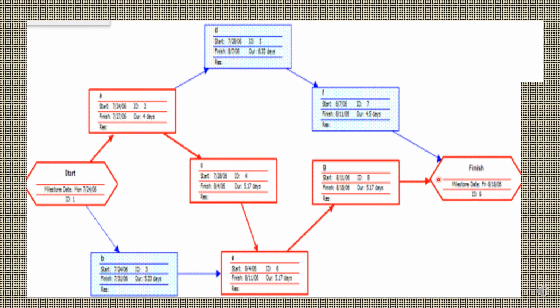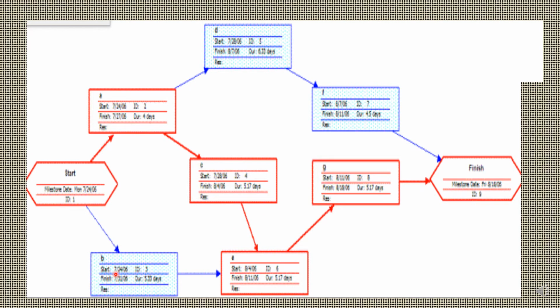You can see this diagram here. So this is the start point. A and B both start from the start node. Now, D cannot be started until A is completed. C cannot be started until A is completed, right?